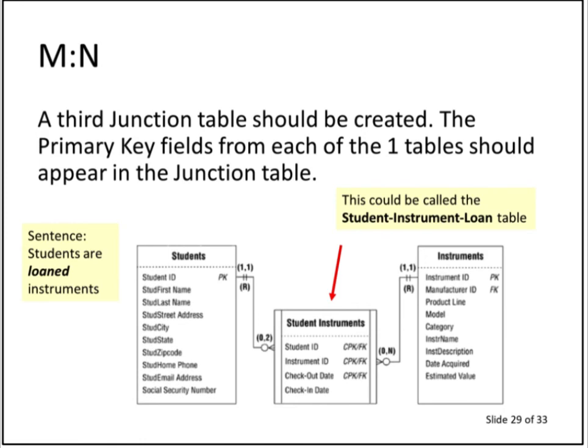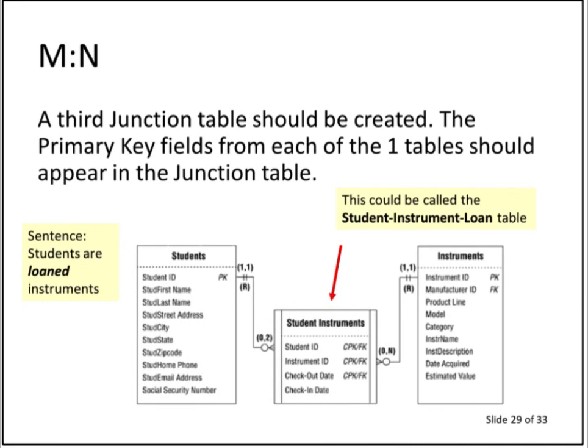You should call this a student instruments table. That's probably the most common way of naming the junction table. Just combine the two names of the one side of the relationship, and then the primary key from each of these tables ends up in the junction table as foreign keys.